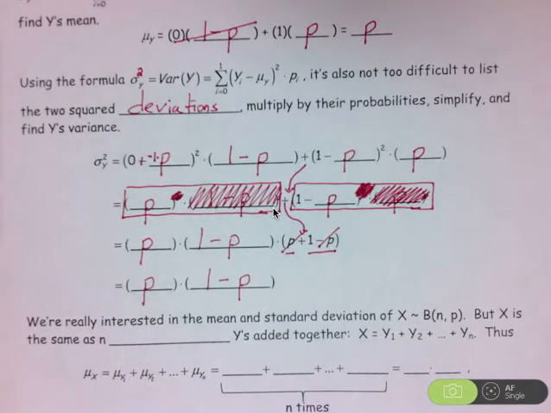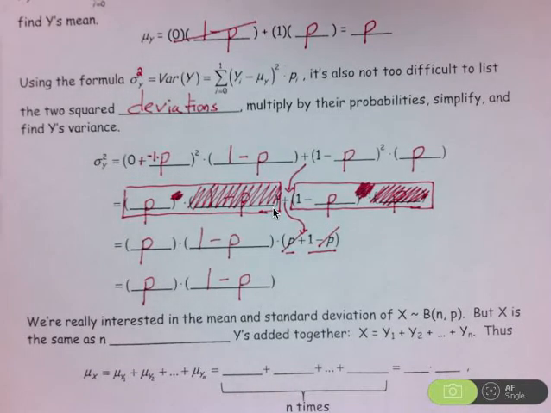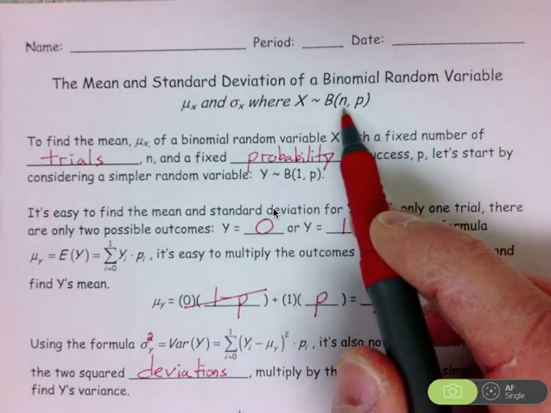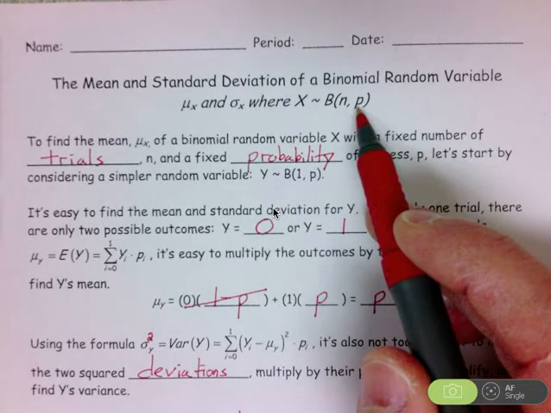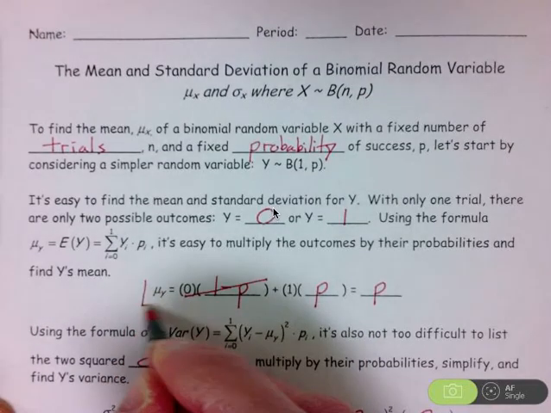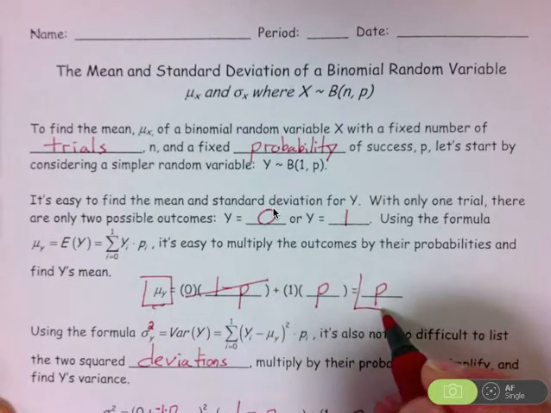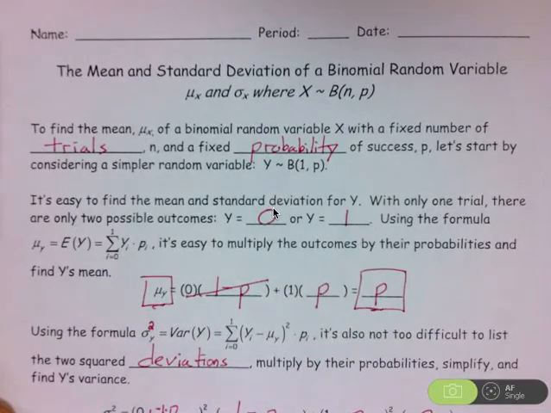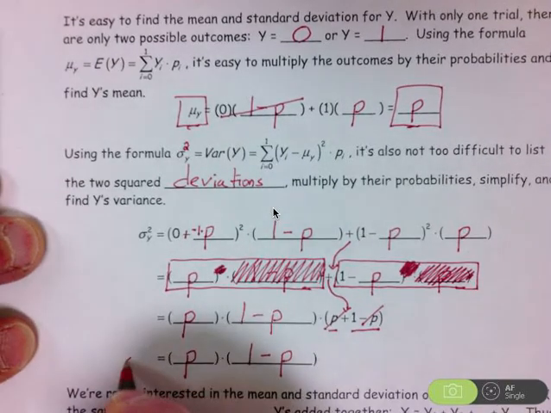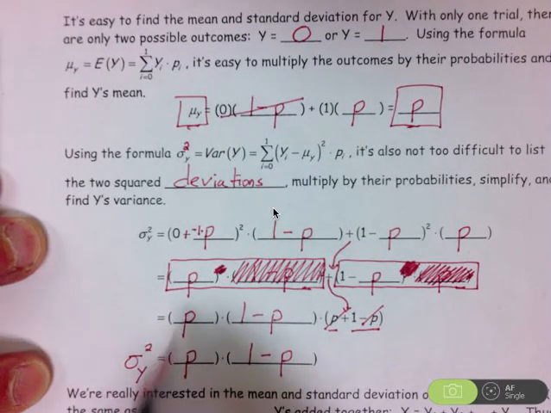So understand what we ultimately want are the mean and the variance and the standard deviation for the binomial random variable x, where x has n trials and a success probability of p. So what I have found are the mean for y, my simpler binomial random variable with only one trial. And I have also found down here the variance of y.